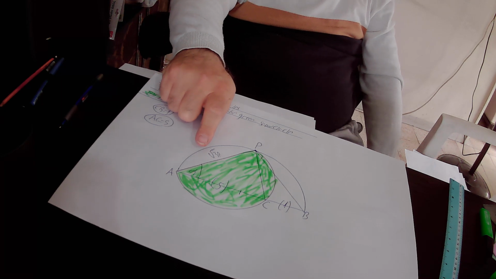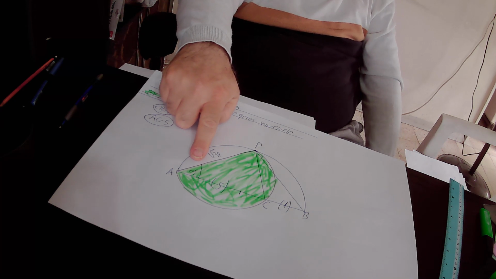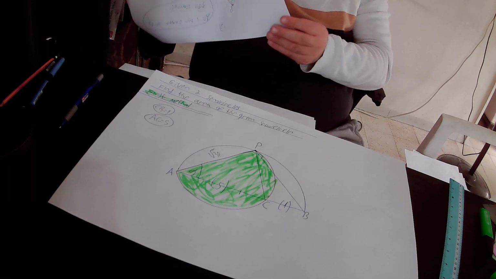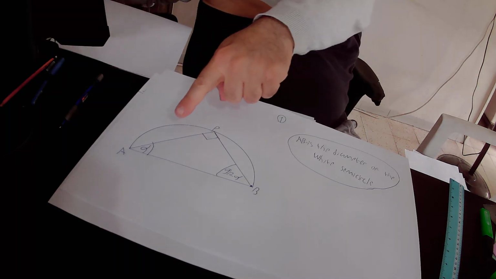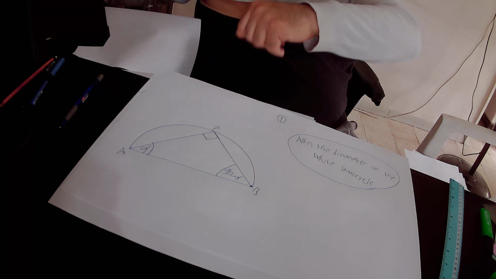So we define the size of angle A as alpha. You can see angle A equals alpha according to our definition.